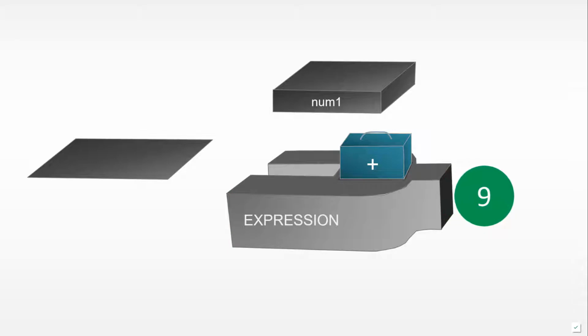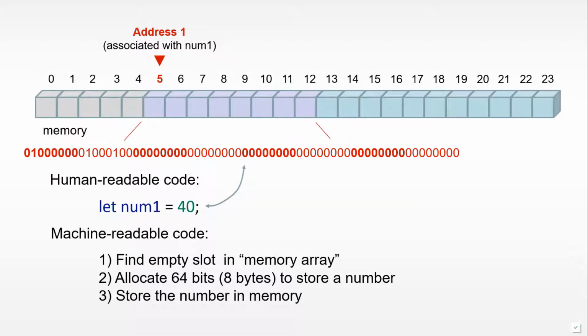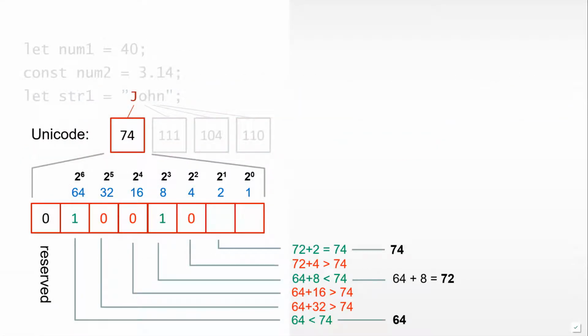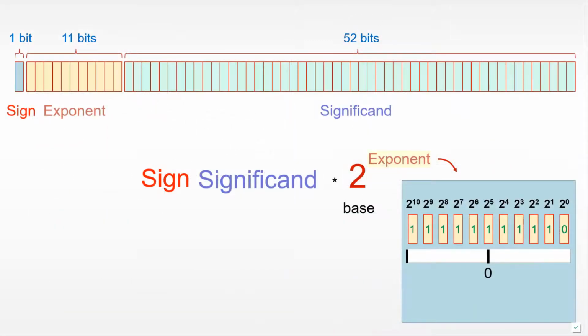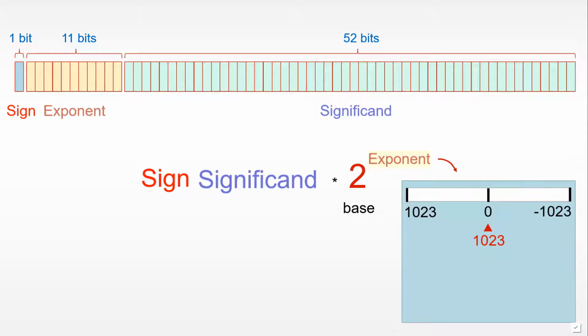But this would not stop us from discussing, for example, how memory allocation might work when we declare a variable, or how we can encode characters in binary so that we can understand how the string value type works a lot better, or to fully understand how the number value type in JavaScript works in the background, which is something that even many people that have been doing JavaScript for a while do not fully comprehend.